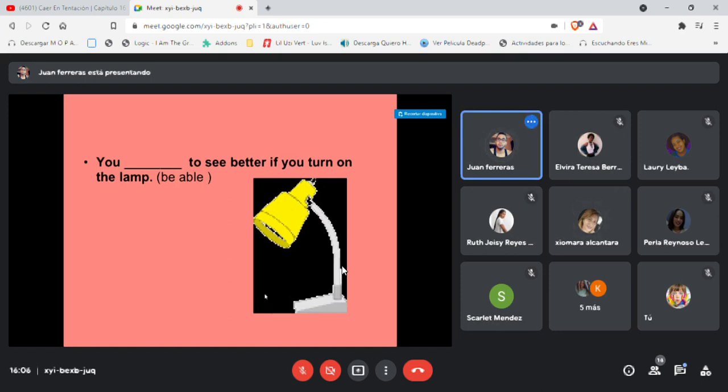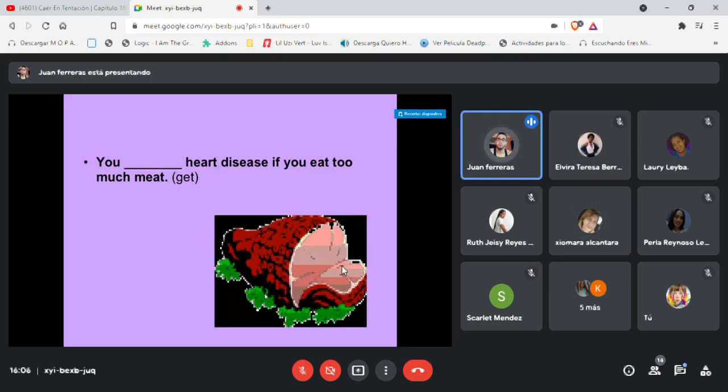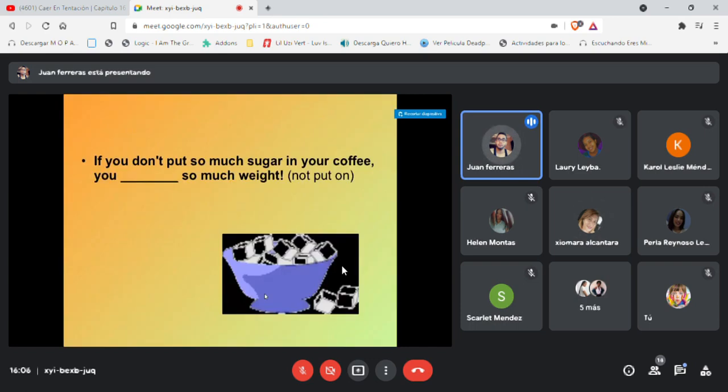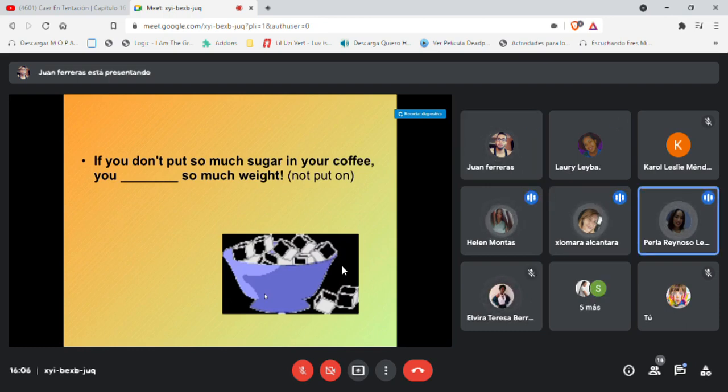And what about this one? You will get a heart disease if you eat too much meat. Correct. And what about this one? If you don't put so much sugar in your coffee, you won't put on so much weight.